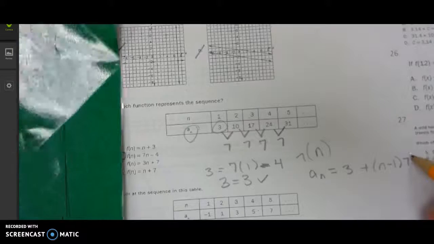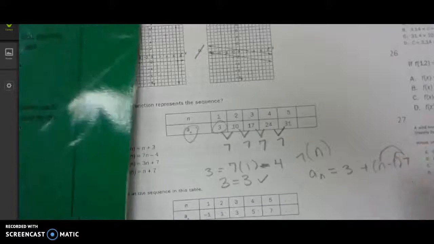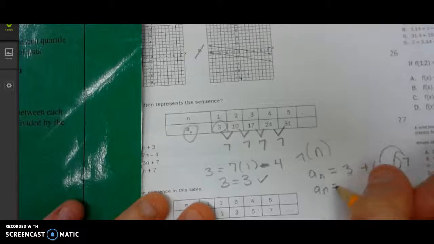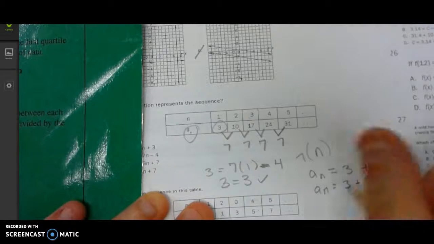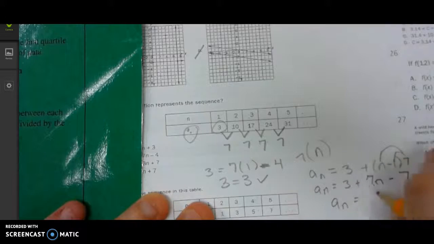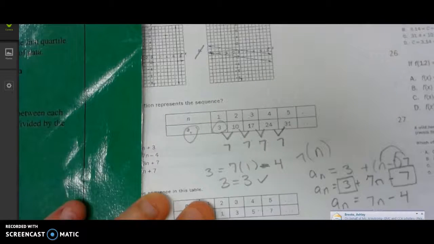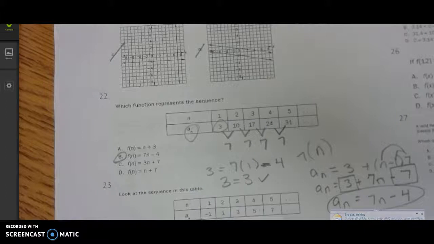So we're going to distribute the 7 times both of these. We're going to get AN equals 3 plus 7N minus 7. We get AN equals, by combining like terms, 7N minus 4. And there you go. I got the same thing either way.